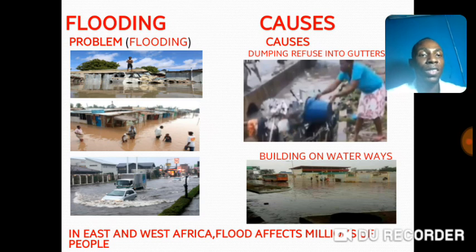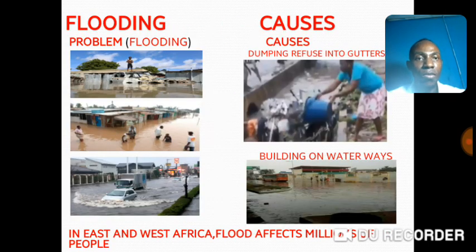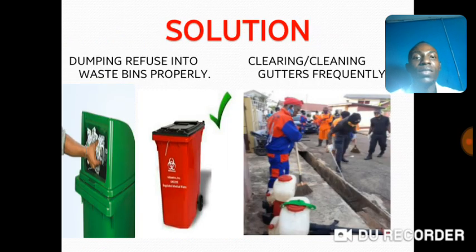Good. Let's move on. What's the solution to this flooding and its causes? 1. On our left, dumping refuse into waste bins properly. Very good.